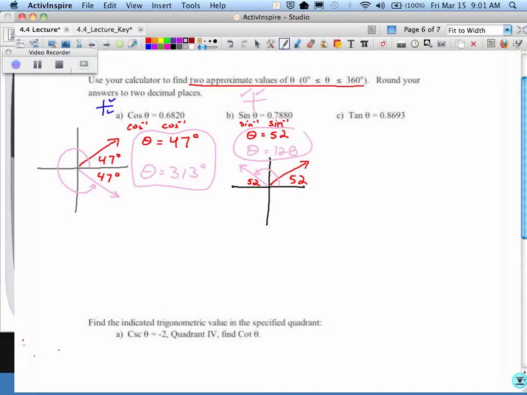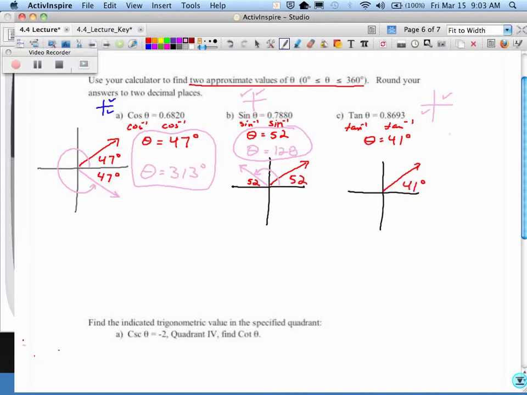I'm going to pause it and see if you can work on that one. When you did your tangent inverse, what did you get? 41. Where is tangent positive? That's all I needed. First and third. I keep going back to positive, because each one of these trig functions was producing a positive decimal.